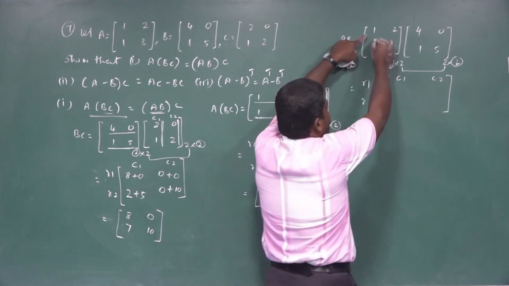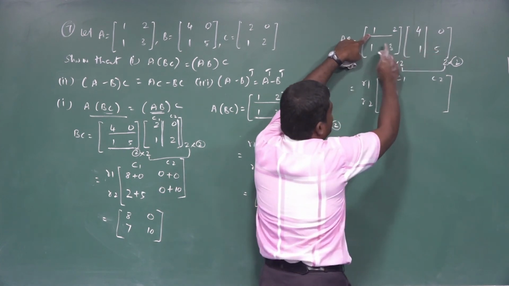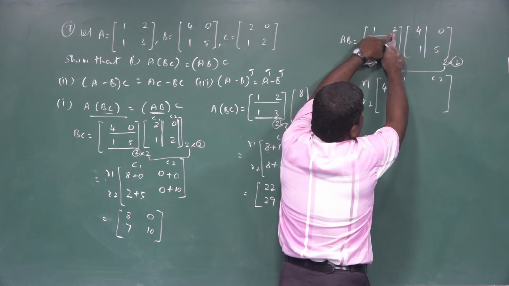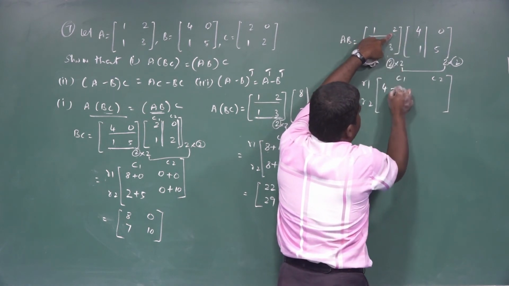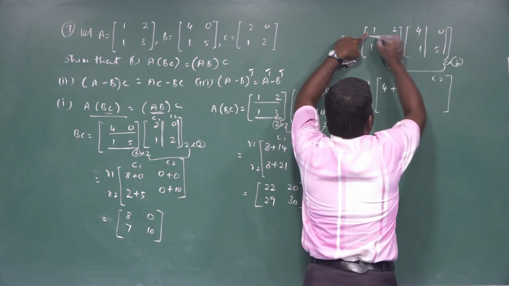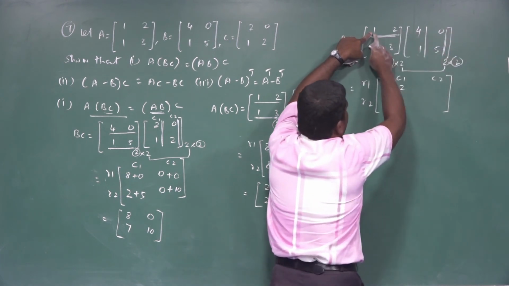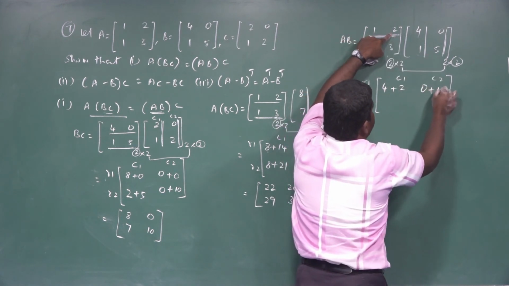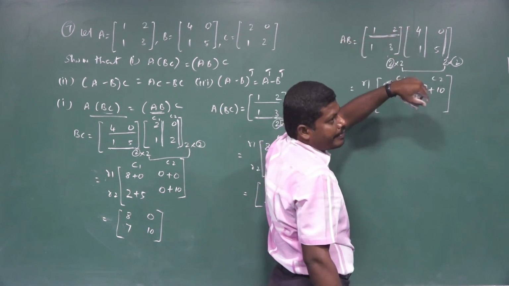Take first row and first column. 1 4s are 4. 2 1s are 2, plus 2. Next you take the second column. First row, second column: 1 multiplied by 0, 0. 2 multiplied by 5, plus 10. 2 columns are over.